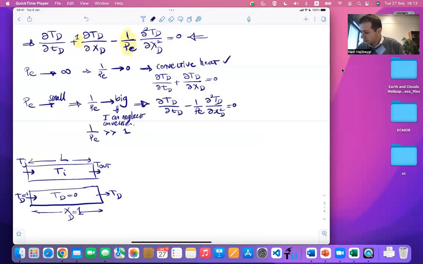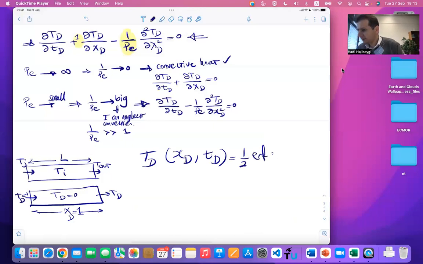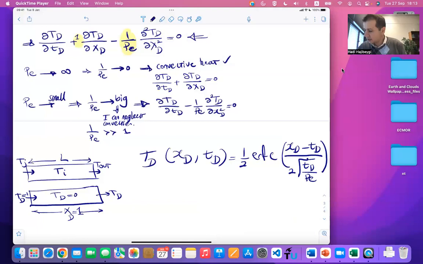Now, if I solve this equation for any Peclet number, my dimensionless temperature as a function of dimensionless space and time will be half of the complementary error function of (xD minus tD) divided by 2 times the square root of tD over Peclet number. That's the analytical solution for the temperature that fits this equation.